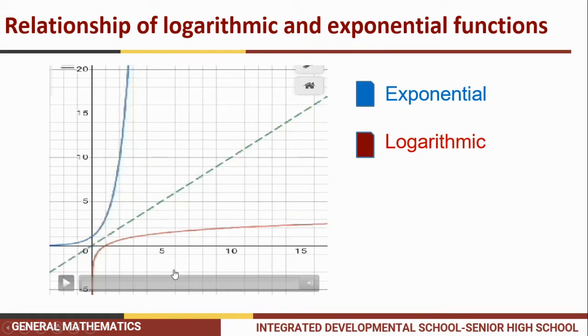This is also one-to-one. And since it is one-to-one, it has an inverse, and we notice that the inverse is also a function. Both are increasing graphs, and they are symmetric about the line y equals x, this broken line.